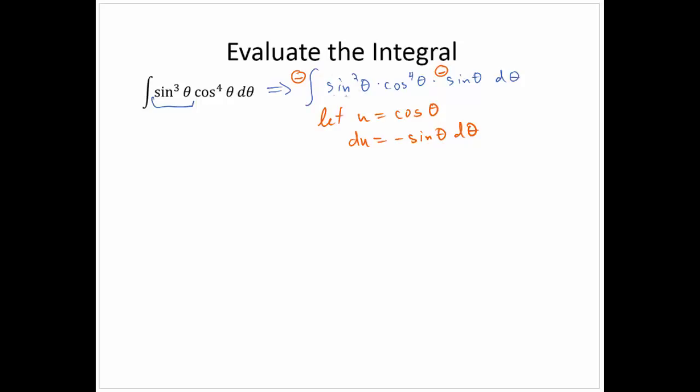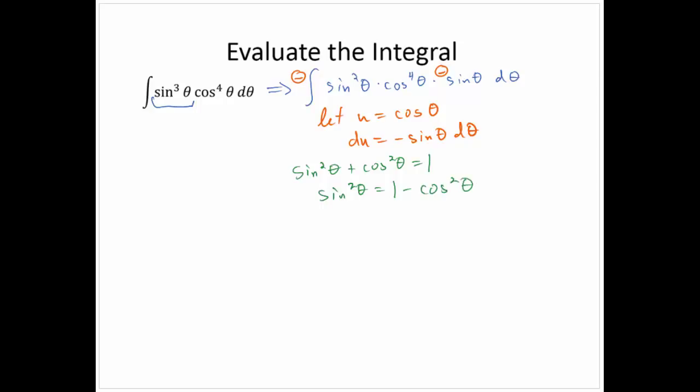But now what about that sine squared theta? Well, I remember from trigonometry that sine squared theta plus cosine squared theta is 1, and so I can replace that sine squared theta with 1 minus cosine squared theta.